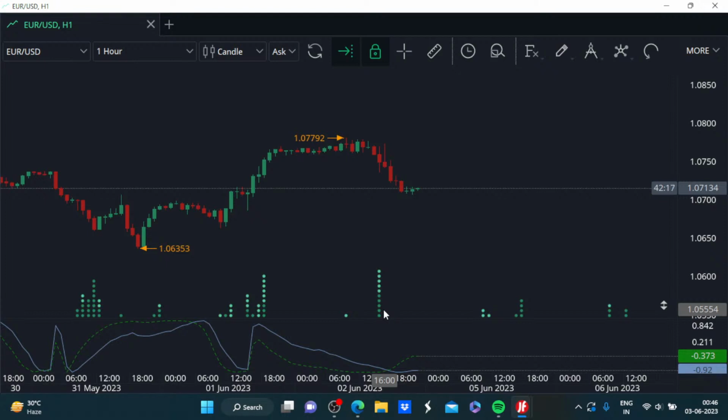Instead, we leave the calculation factor to the software. For us, the calculation of the indicator will be done by the platform. All we have to do is know how to interpret these signals, and that is what I tried. I tried to give you some examples of how to interpret the signals generated by this indicator and take advantage of those. So I think with that my job is done for today's session.